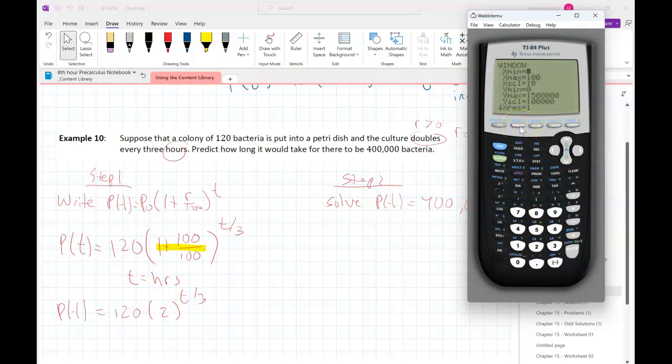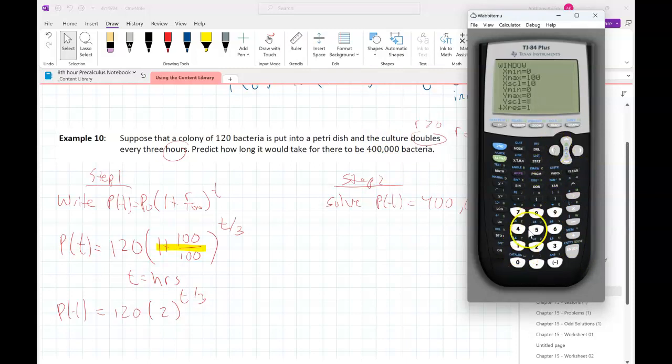Window. I don't know. I'm going to go 0 to 100 again. I guess that seems feasible, 100. You know, I could try to count this out and see how many doublings it takes. But, like, I'm just not interested. The 100 is probably enough. The minimum, we're starting at 120 and then going to 400,000. I'm just going to do 0 to 500,000 or something. Oops.